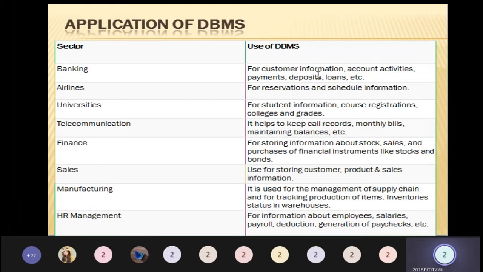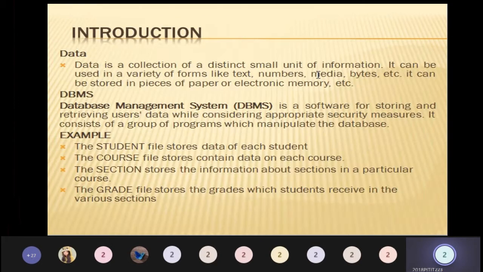Suppose you are a student. Now we are going to take a student table. The student file stores the data of each student, and next we can take the table as course. The course file contains the data on each course.